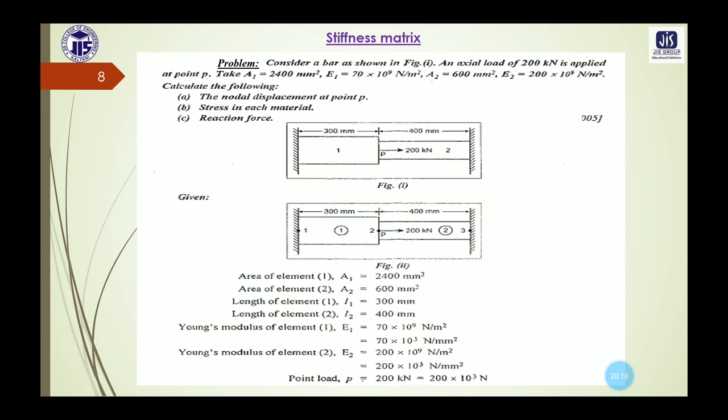Here we are seeing that two different elements are having three different nodes, and corresponding to node 2 we are having the point P. For the first element the length is 300 millimeter and the area is 2400 millimeter square. For the second element the length is 400 millimeter and the area is 600 millimeter square.